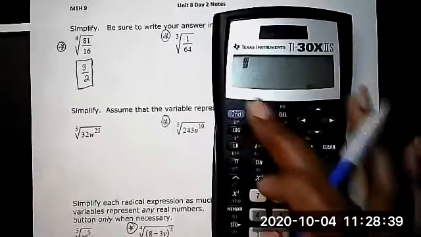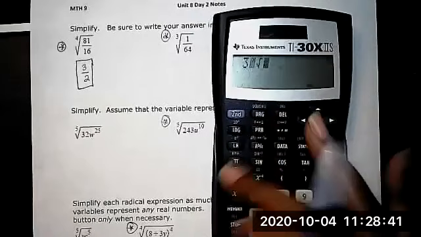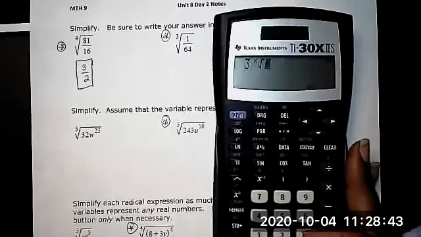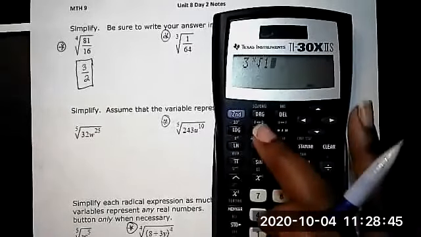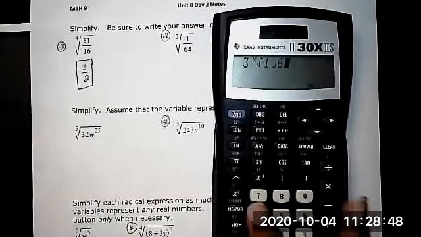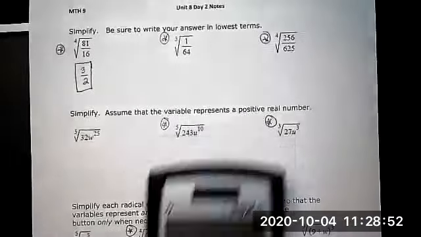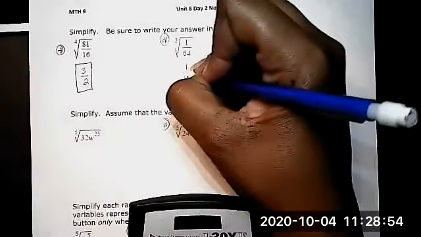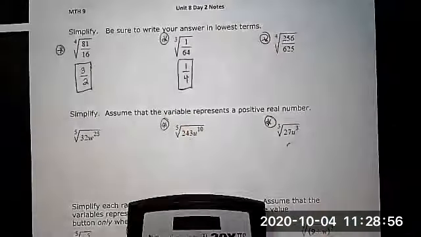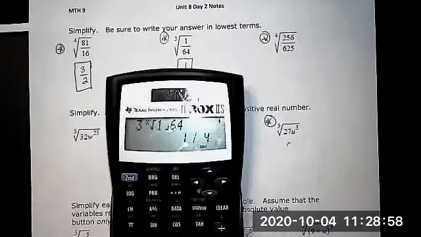All right, so cube root, 3 x root of 1, and I'm going to push the AB button for 64 and enter. So 1/4 is my answer there. That's nice. This calculator is really awesome. All right, let's try another one.